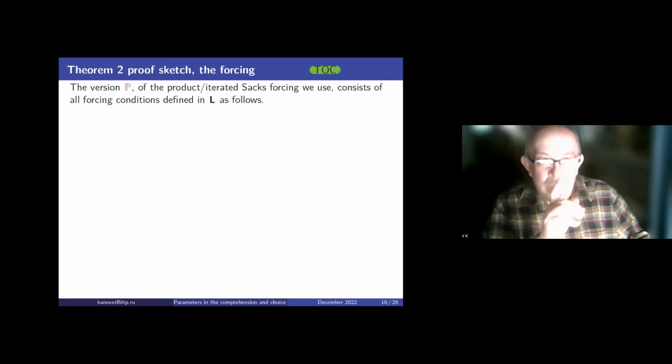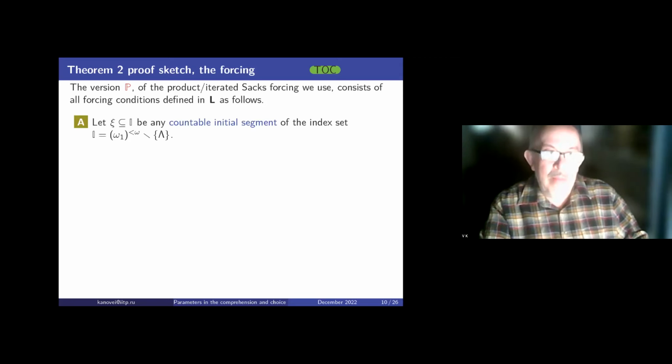So P deals with the portion. And let me define this set P first. Consider just an arbitrary countable initial segment of this index set. It's psi, any countable initial segment.